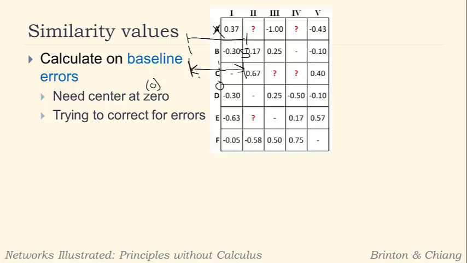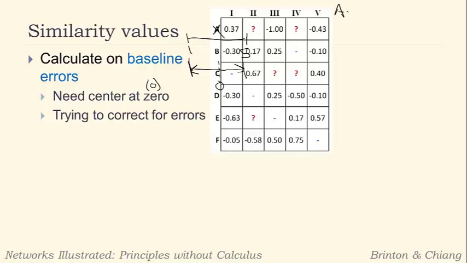So here I'm showing the table of error values, and I got this by subtracting the predictions from the actual values.